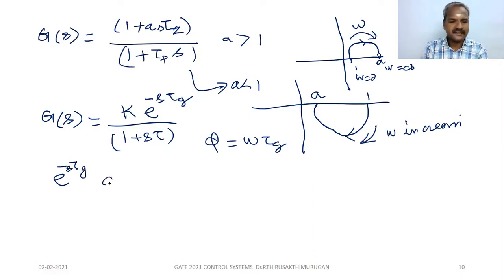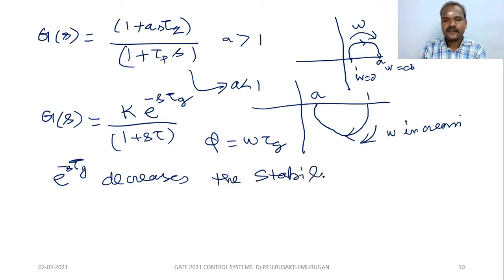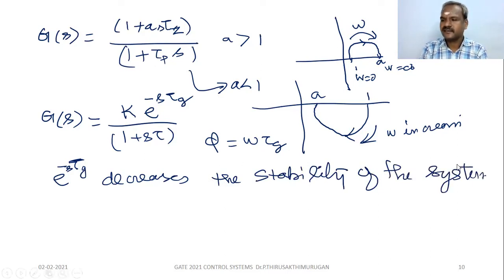When we add a lag in the system, it decreases the stability of the system. Understand? Clear? So what is the polar plot for this type of system?